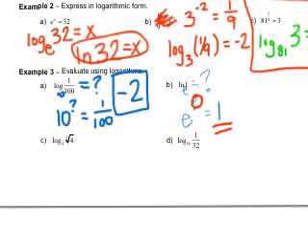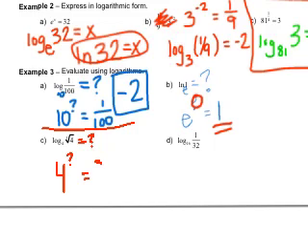Okay, C. Log base 4 of cube root 4 equals what? So drop and cross, so 4 to what power equals cube root 4. Say it again. It is 1/3. What's happening is that you're trying to relate an exponent to a radical. And radicals are exponents.